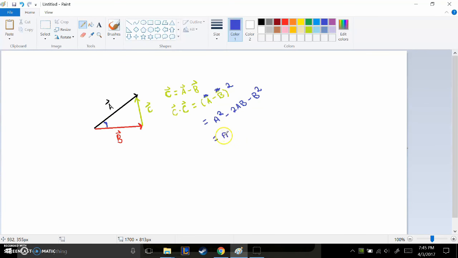So we say A squared minus 2AB, you guessed it, cosine of this angle, we'll call it theta, minus B squared. And lo and behold, while you didn't even realize it, you just derived the law of cosines.